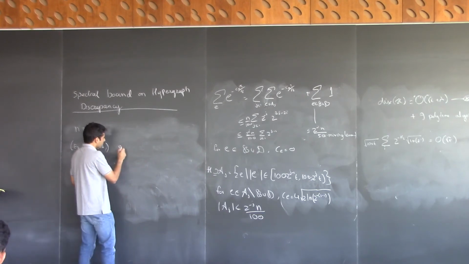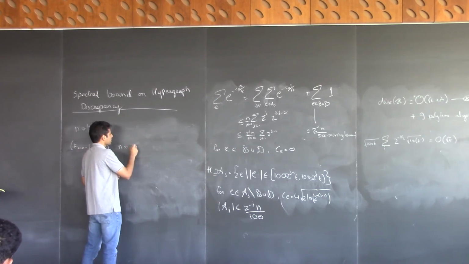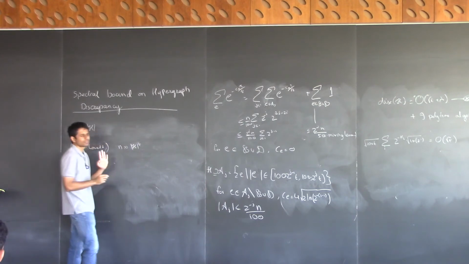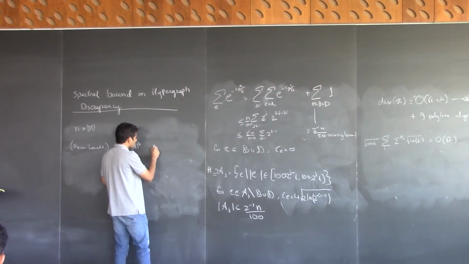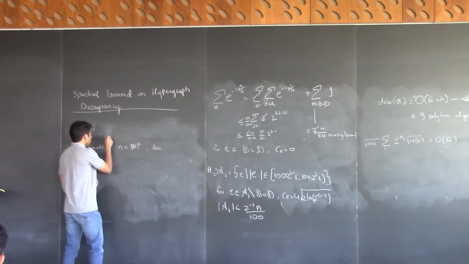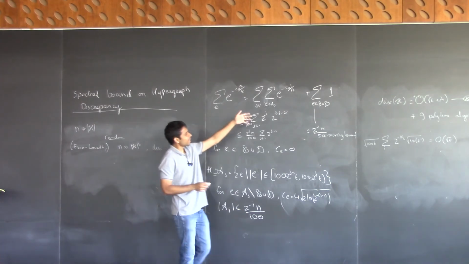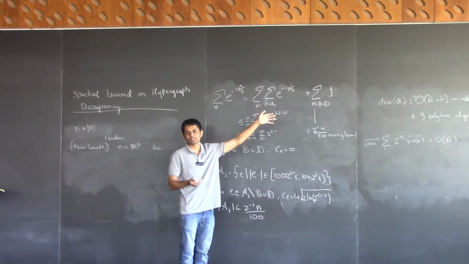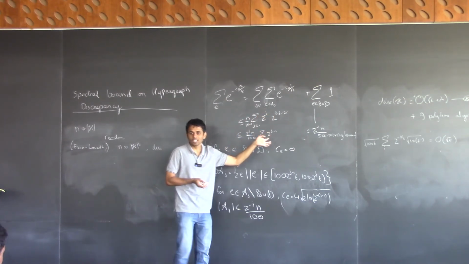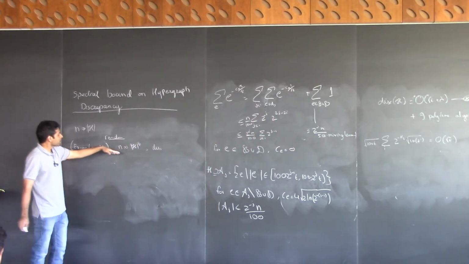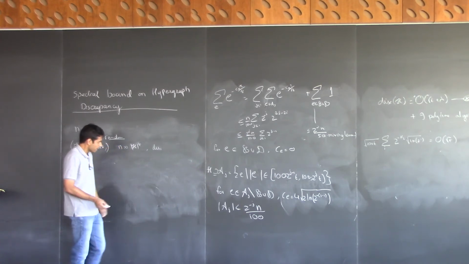They say that if n is m to the t, this is extremely dense, then it's random. The point is that so far, random is kind of trying to get around the fact that we can't solve the full conjecture. But as n becomes larger, some interesting things start to happen.